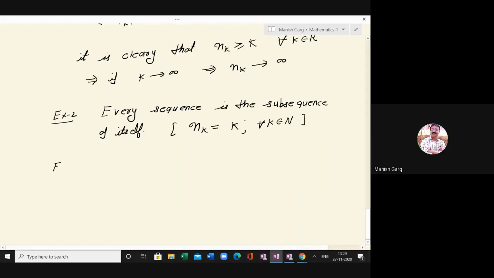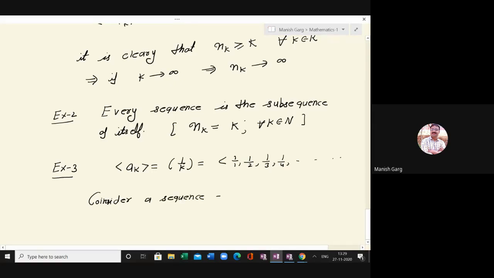Example 3. Suppose you have a sequence ak equal to 1 by k. Same thing: 1 by 1, 1 by 2, 1 by 3, 1 by 4, like that. Now consider a sequence whose terms are these.